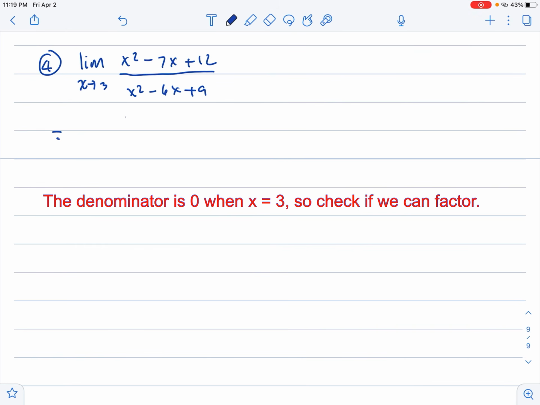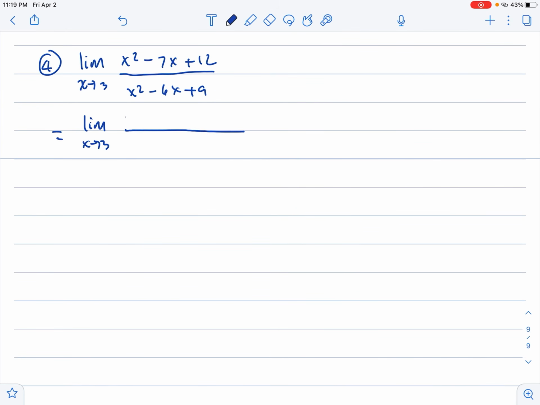So this is equal to the limit as x approaches 3 of x minus, parehong minus kasi minus 7x tapos plus yung dulo. So ano ang factor ng 12 na ang sum ay negative 7? So this is 4 and 3. And then this is a perfect square. This is x minus 3 times x minus 3. You can cancel again.